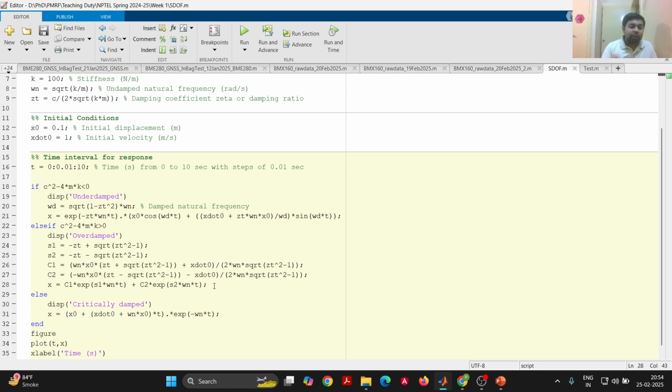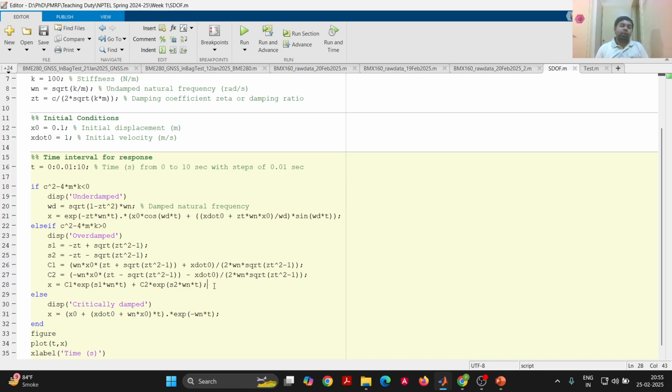I have basically used the same expressions for the solution which we had from the derivation, and the values of the coefficients. You can calculate them by applying the initial conditions, so you can derive the expressions for the unknown constants c1 and c2 in terms of these parameters and the initial conditions. So this is the response for the overdamped case.